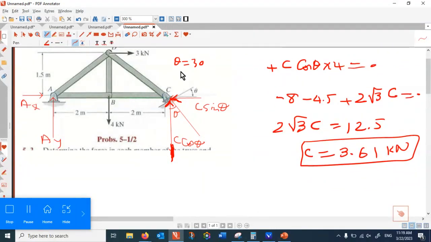The next step, I apply method of joint at C. If I apply method of joint at C, this is what I get.